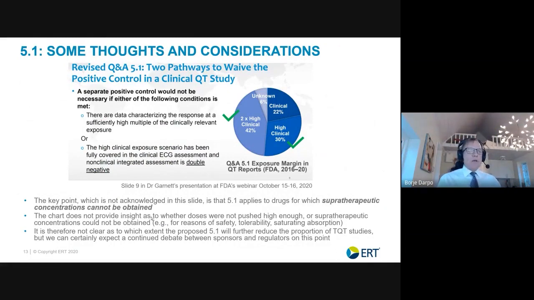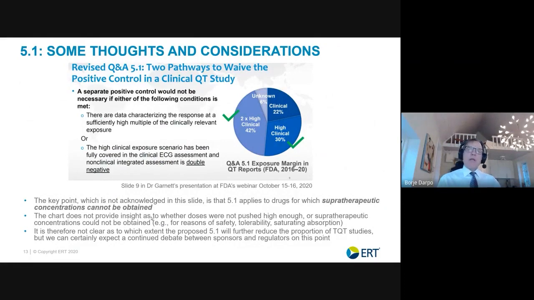must not be required. Also, the chart shown here does not provide insight as to whether high concentrations were not achieved. We often see that the doses were not really pushed in the SAD or MAD study.